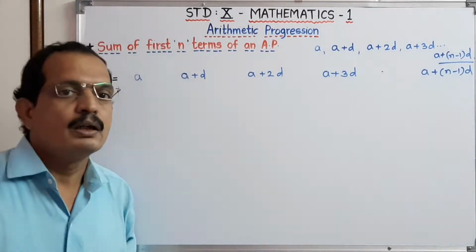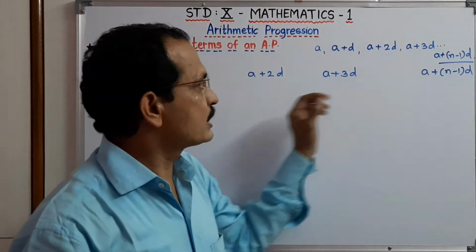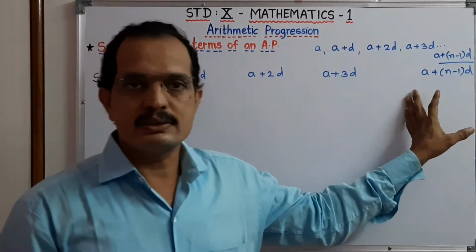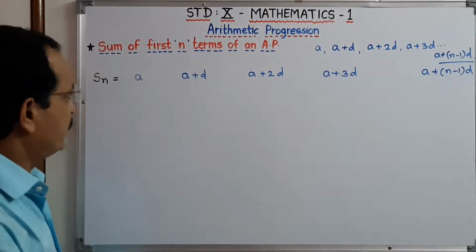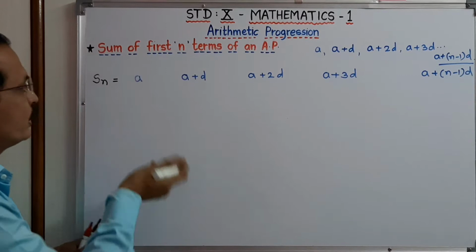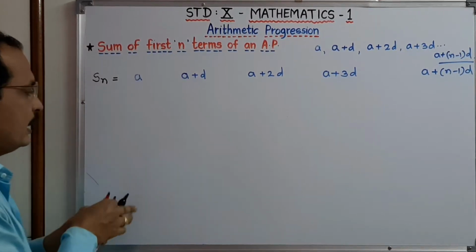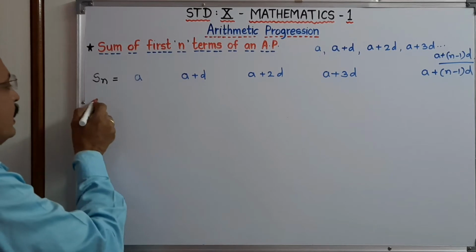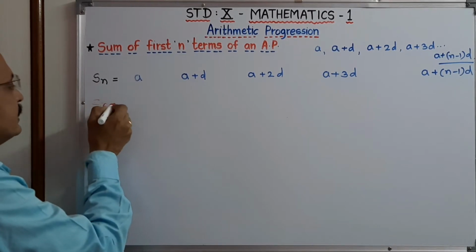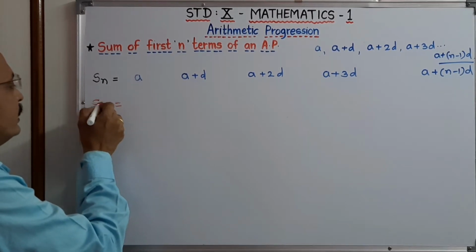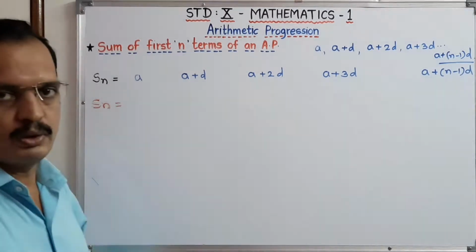As Carl Gauss wrote the numbers 1 to 100 like this, in the same way we write. After that we have to write the numbers in reversing order. That means again we write Sn, in reversing order.